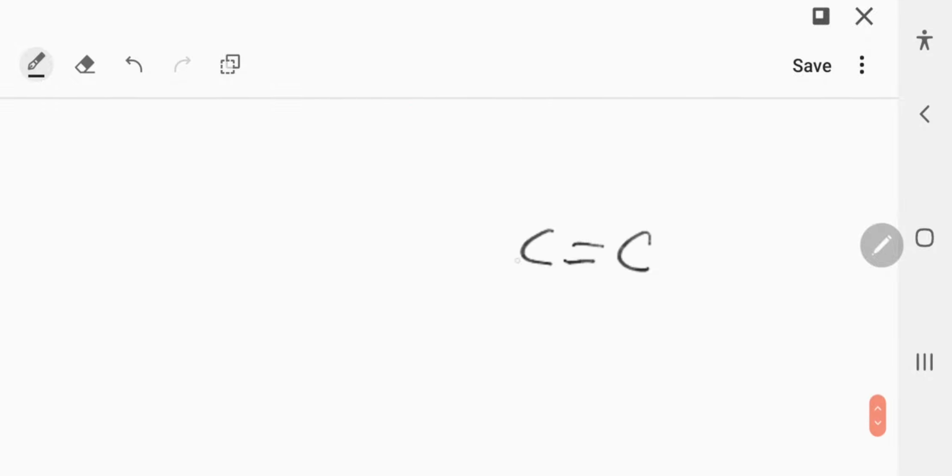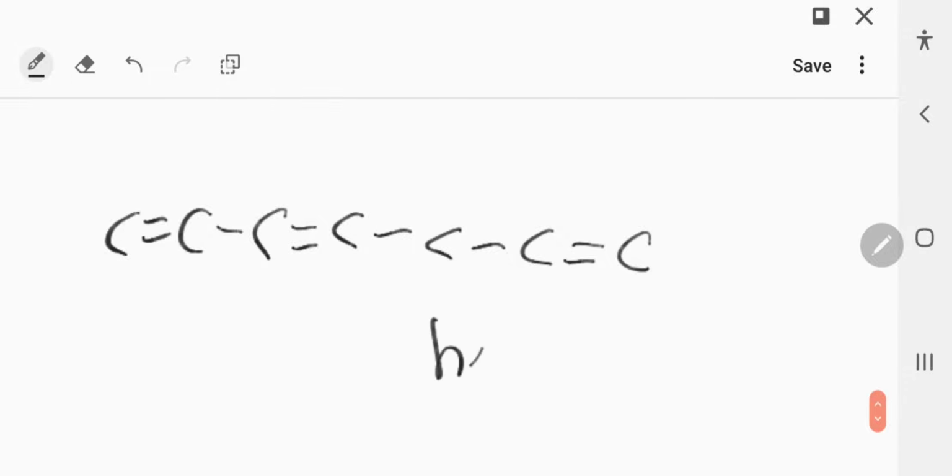So for example, if we have C, C, C, C, C, C, and C, 1, 2, 3, 4, 5, 6. So we have hexa, and we have 1, 2, 3. So hexa, 3, hexa, triene.